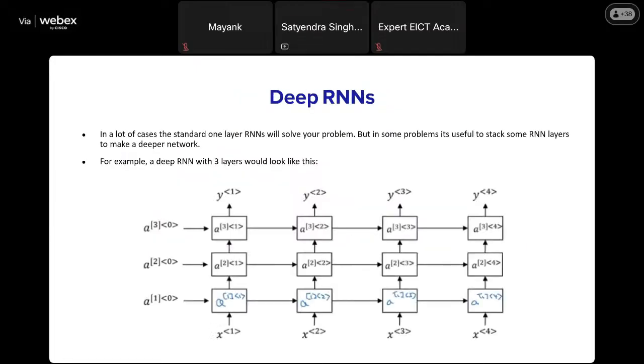As for other variants, right now each RNN unit might have a single hidden layer between input and output. If you have more hidden layers inside each RNN unit, then it is known as a deep recurrent neural network.